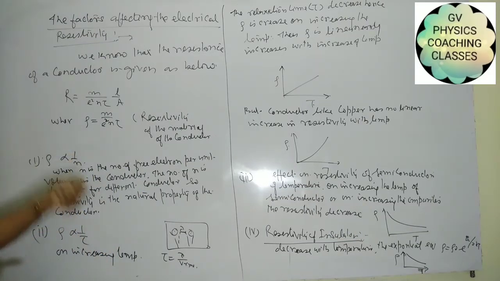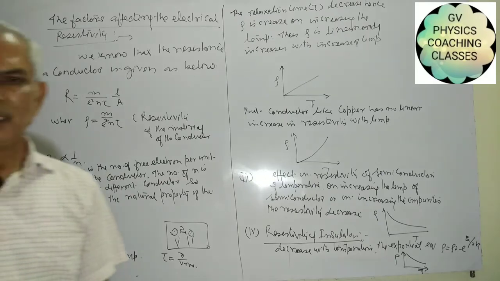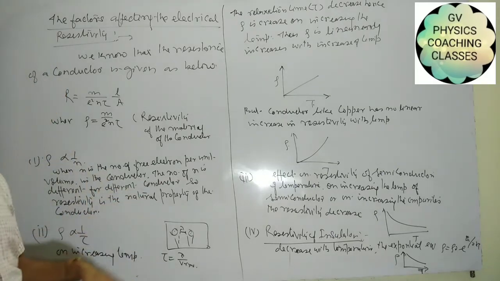Rho is directly proportional to 1 upon n, or we can say rho is inversely proportional to n. If n increases, then resistivity decreases. It means conductivity increases. Similarly, resistivity is inversely proportional to the relaxation time tau.